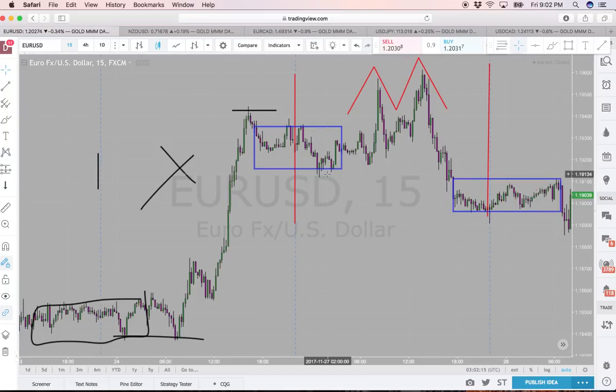Why is that? Because they're all using the same information. They're trading breakouts, they're trading momentum and all these different indicators. We don't trade indicators, you guys. We trade structure, okay? And it gets very easy once you understand market structure.